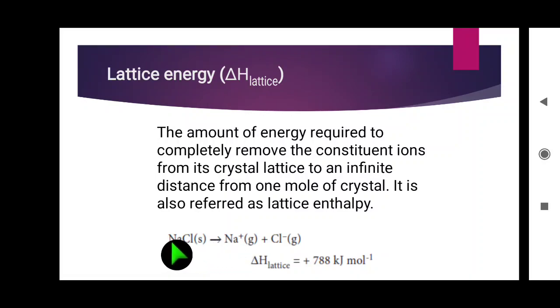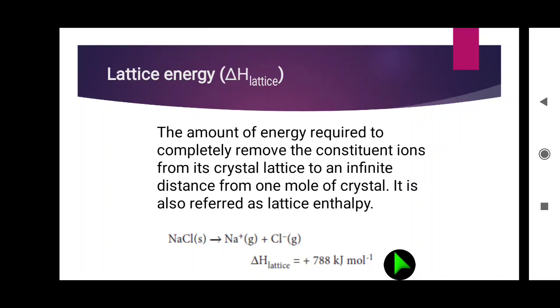The initial stage is the crystal lattice of sodium chloride, and to get the constituent ions we have to supply energy. How much energy? Plus 788 kilojoule per mole. That energy is called lattice enthalpy.